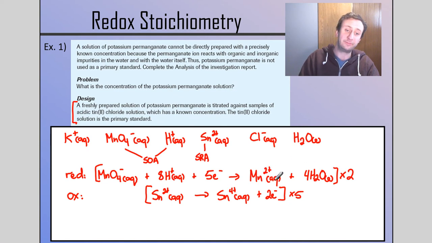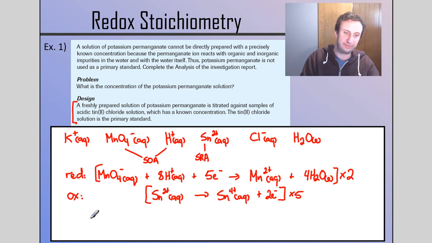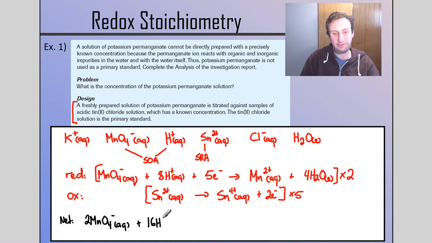So I need to be very careful that I actually do carry through these multiplications to everything that's in these half reactions. I'm now going to change colors for my net. We're going to go to black, and let's now write this out as my net. So for my net, I have 2 MnO4 minus, so I need to make sure that I carry that 2 forward to everything in this half reaction. I have 16 H positive aqueous.